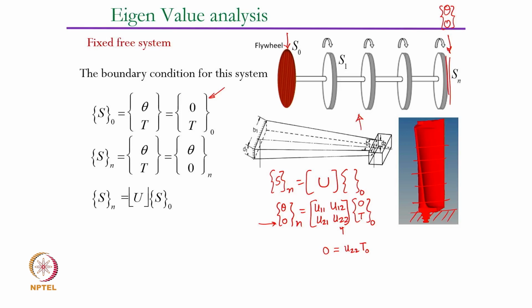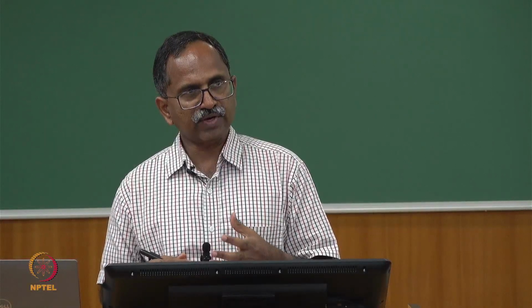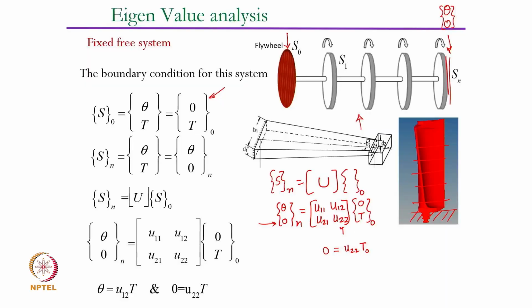Now, when will this particular equation be 0? At all times. Please make a note that this has to be satisfied at all instants of time. It's a dynamic system. It is only possible because t at 0, the fixing moment, cannot be 0 all the time. So the only way for this equation to be satisfied and true for the given boundary conditions is that U22 should be 0. True? Okay, so that means you have this condition that U22 should always be 0, a condition to be satisfied.